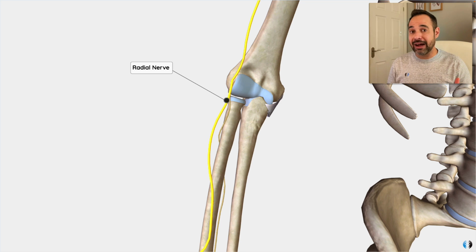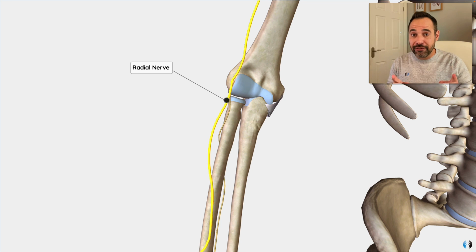You can also think about the muscles that the radial nerve innervates, which includes the triceps muscles, but also the wrist extensors. So if your patient is presenting with a more distinct weakness of those muscles, you might be thinking of the radial nerve.